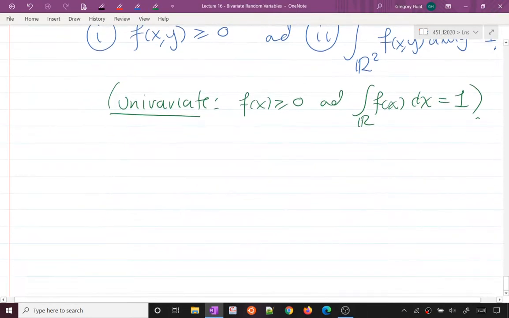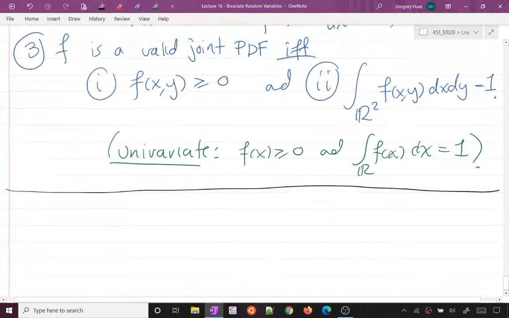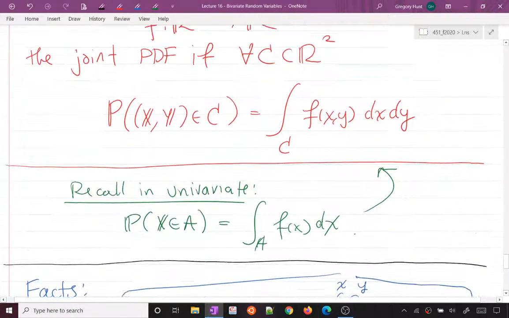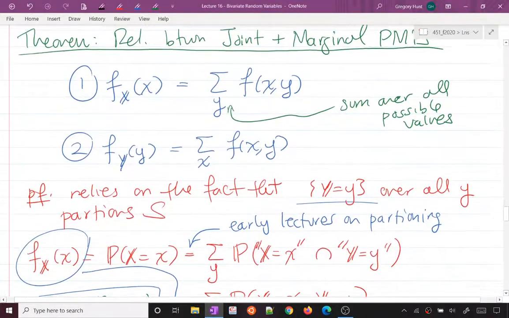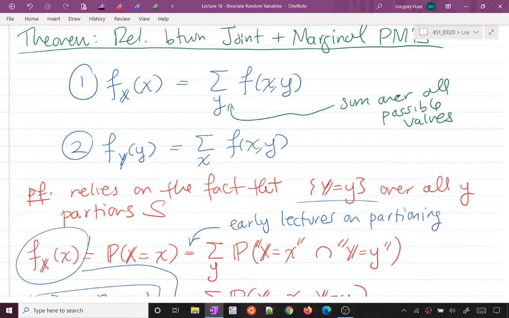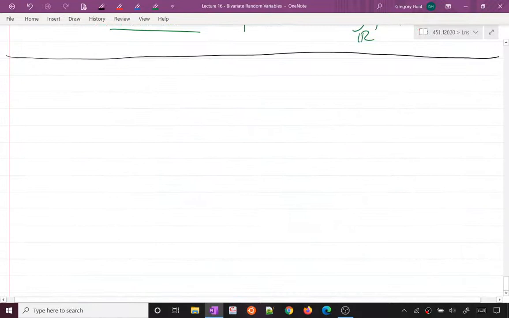None of those two facts are too groundbreaking, but it's worthwhile pointing out that they are true in a more general sense for the bivariate case. What's more interesting is that we had this theorem of the relationship between the joint and marginal PMFs, and I bet you can come up with a similar theorem for the relationship between the joint and marginal PDFs. And let's just write it down.